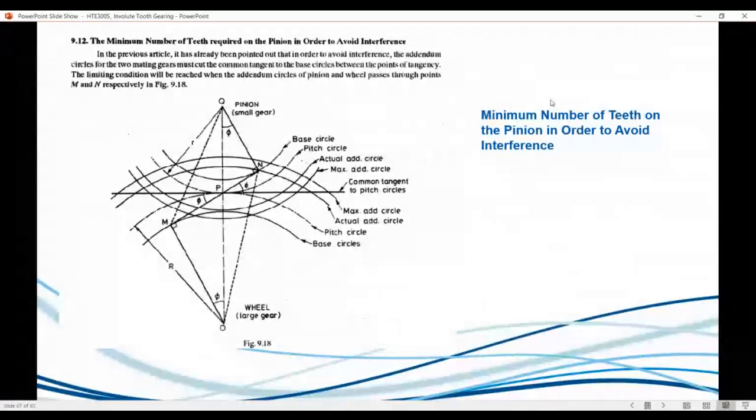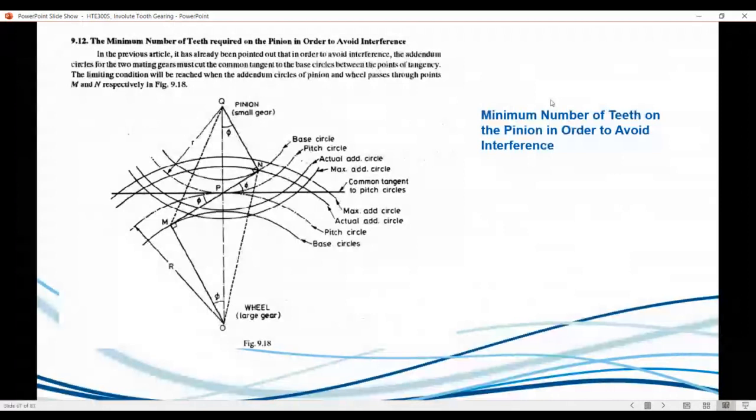What they said in the previous article: to avoid interference, the addendum circles for two mating gears must cut the common tangent to the base circles between the points of tangency. The limiting condition will be reached when the addendum circle of the pinion passes through these points M and N. So it's just again the same thing. There is a common tangent, that point P I was talking about.